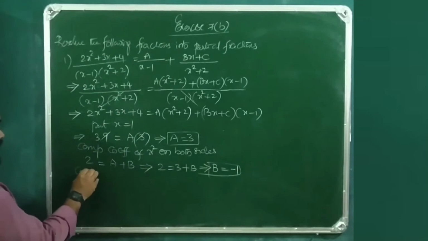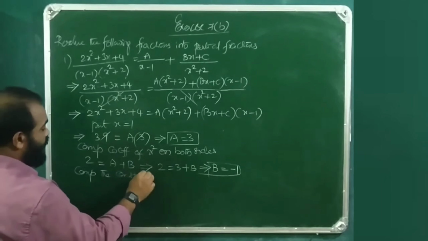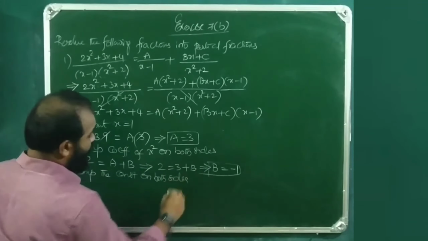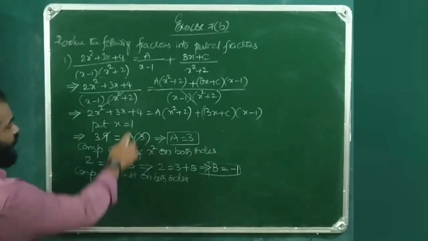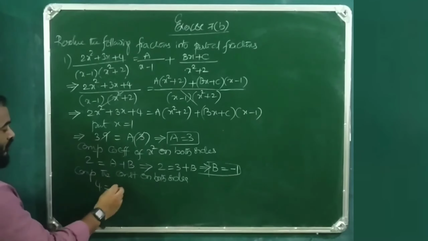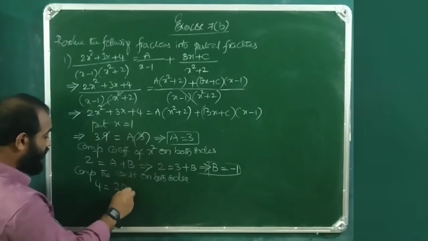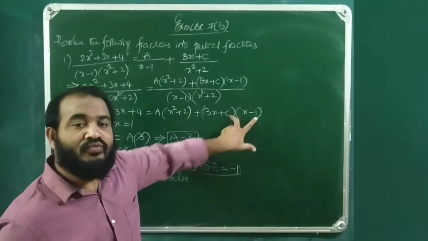Now comparing the constant on both sides. Or you may even compare the coefficient of x also. So here constant is 4. So here 2 into A, 2A, which is a constant. Next here c into minus 1 is minus c.